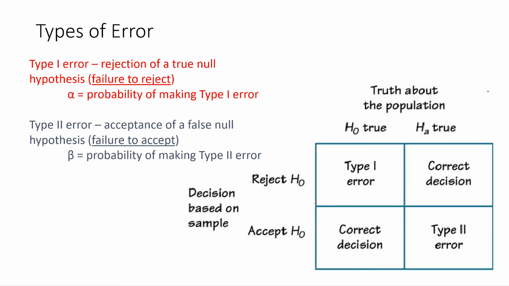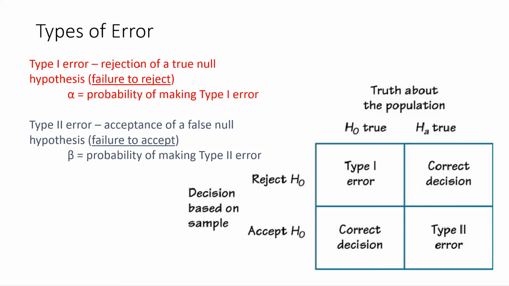Type 1 error is the rejection of a true null hypothesis.